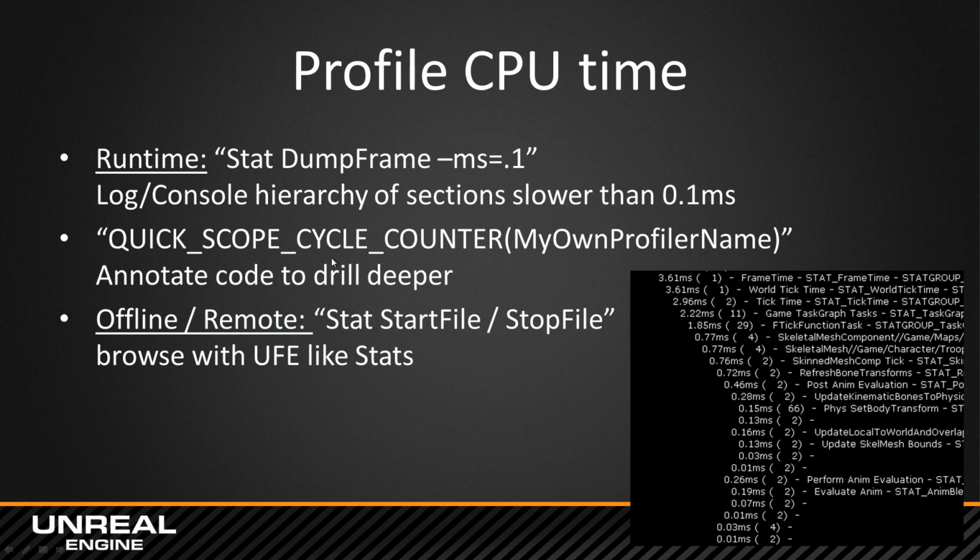And if you know that some function takes a lot of time, you might want to change the code and additionally add these kinds of lines here. So with a quick scope cycle counter, you can make your own little name there, and you basically split up the tasks further, and you get more information about what is actually slow and how often stuff gets called. Once you have that information, you want to take a close look at this function.